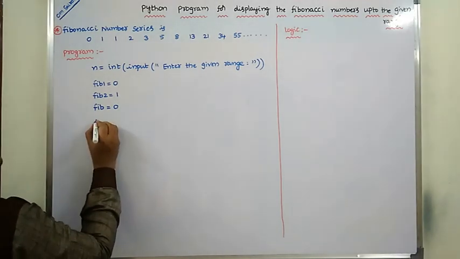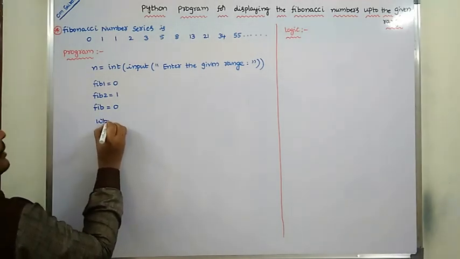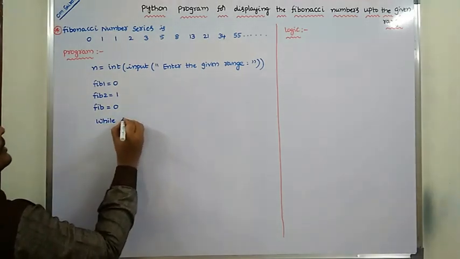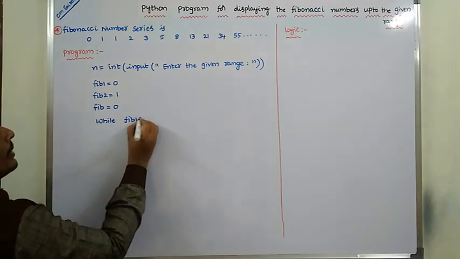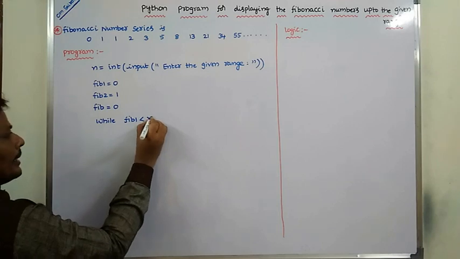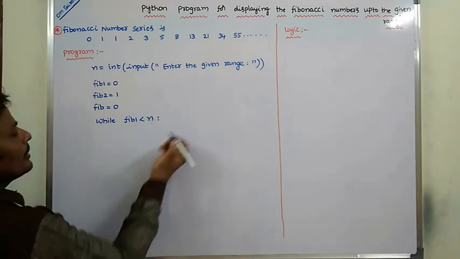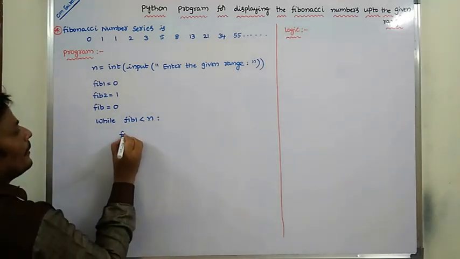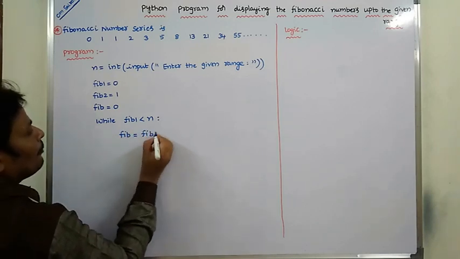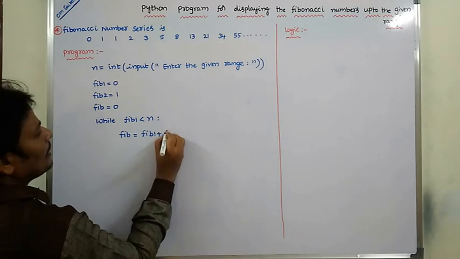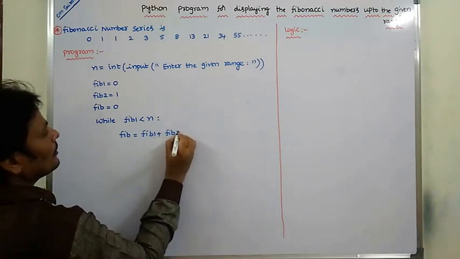Okay, next, while Fib1 less than n colon, Fib is equal to Fib1 plus Fib2.